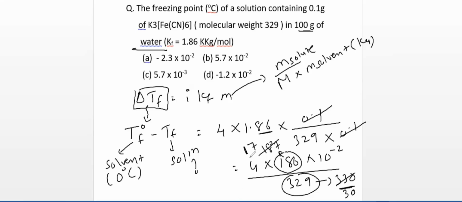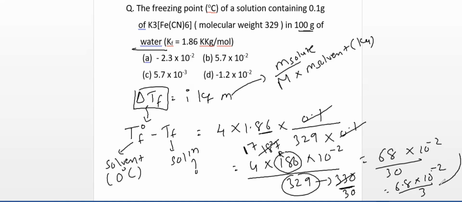Now 4 into 17 is 68, into 10 raised to minus 2, divided by 30. If you remove this 0, it becomes 6.8 into 10 raised to minus 2 divided by 3. So when you divide 6.8 by 3, you get around 2.26 into 10 raised to minus 2.